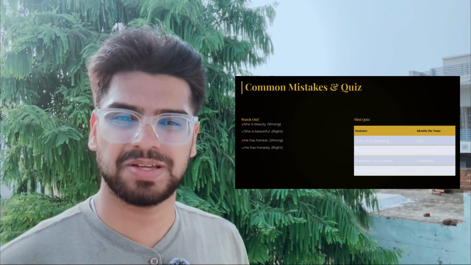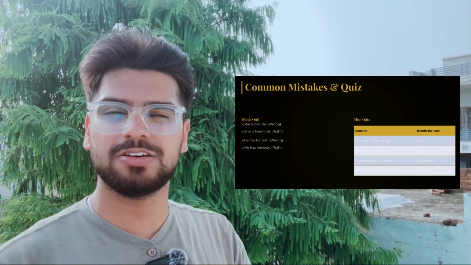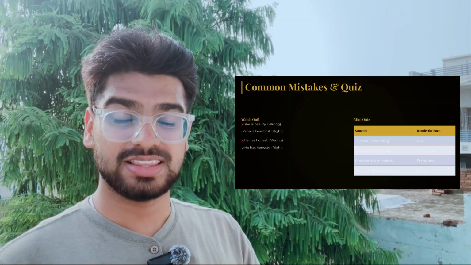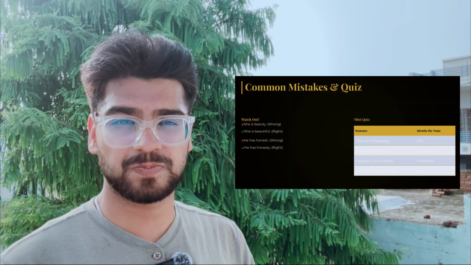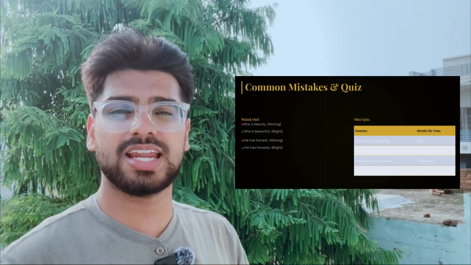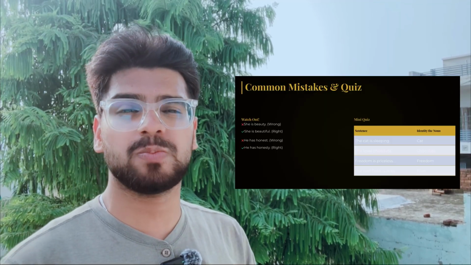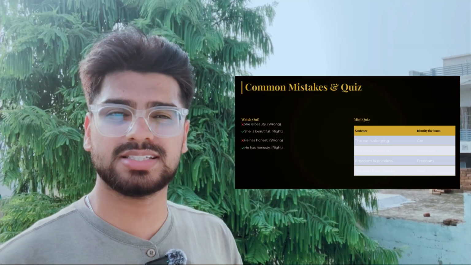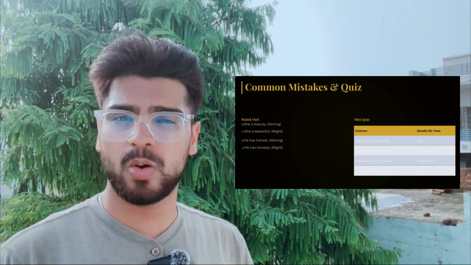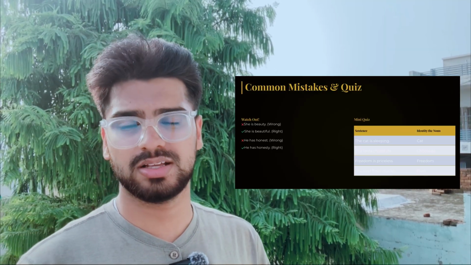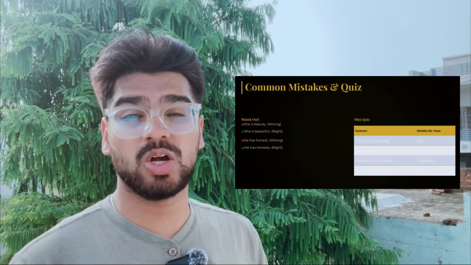Mini quiz time. Identify the noun in the following sentences. The cat is sleeping. In this sentence, the noun is cat. The boy plays football. In this sentence, the nouns are boy and football. She loves chocolate.